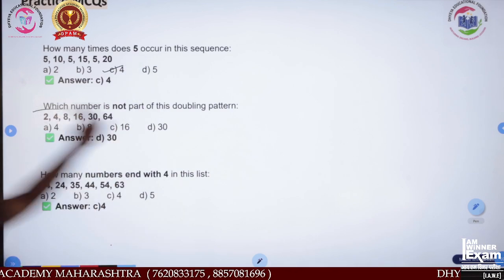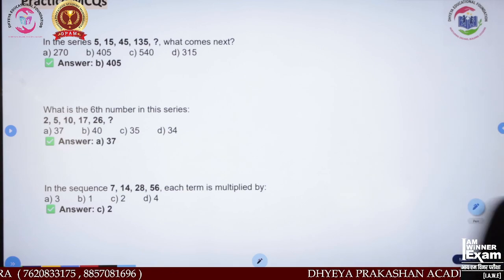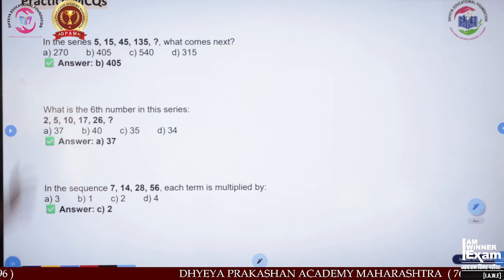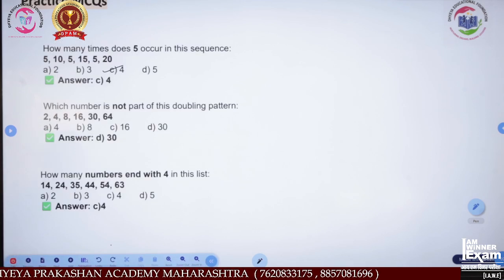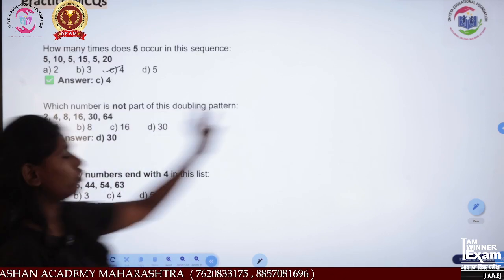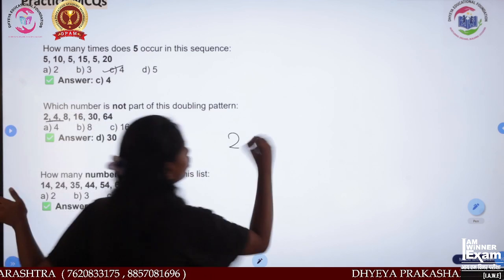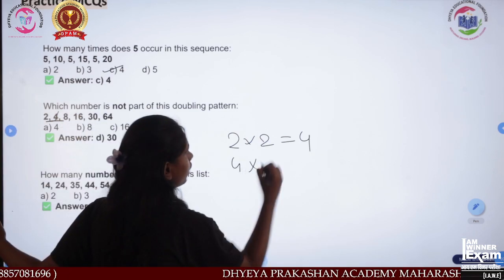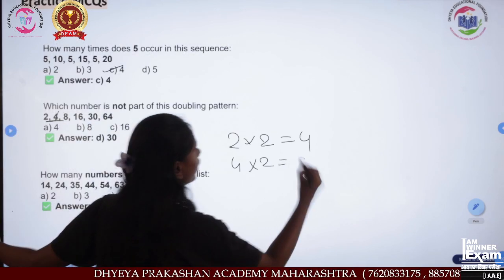Now, which number is not part of the doubling pattern? They had given you the pattern and asked which number is not part of the doubling pattern. If you take this 2 and multiply it by 2, you will get 4. If you multiply 4 by 2, you will get 8.